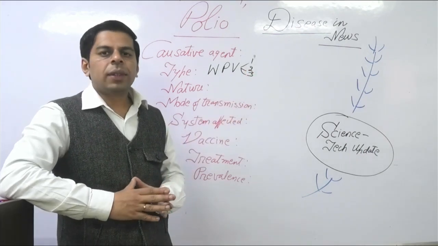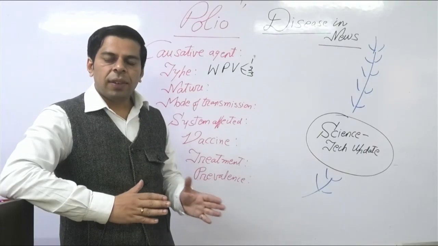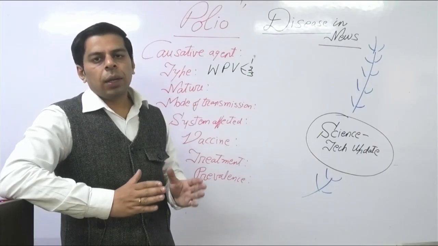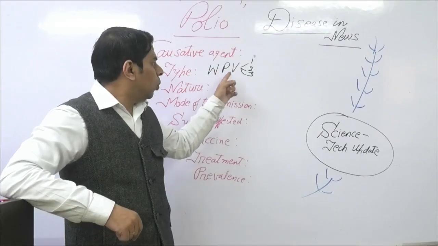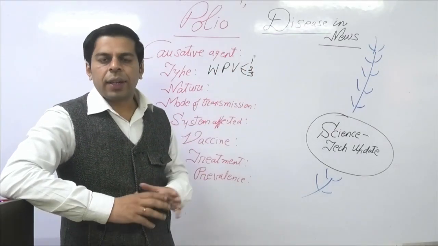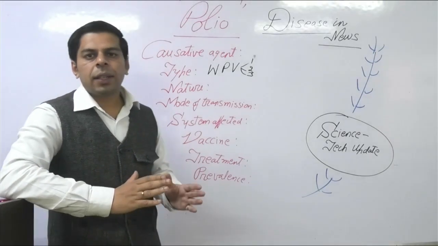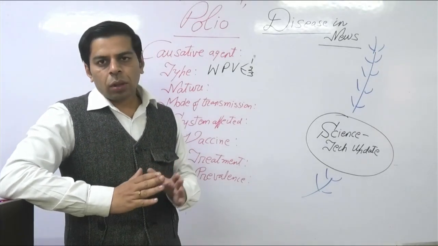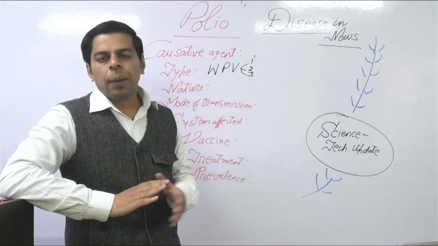Out of these strains, due to national as well as global efforts, we have been able to manage two strains specifically. Currently, wild poliovirus strain 2 and 3 have been eradicated. Now, eradicated is quite an extreme term because it means you can go to any part of the world and you won't find even a single case of that strain.